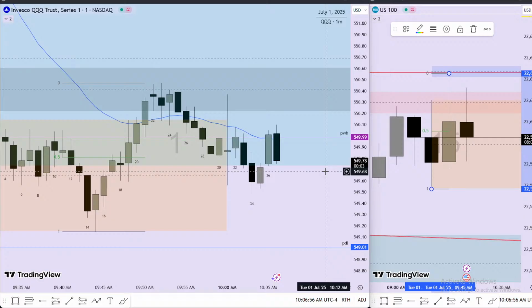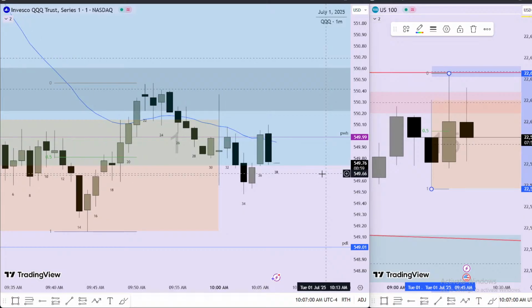We are below the moving average even on a 1 minute time frame. So that makes it dangerous for the bulls.